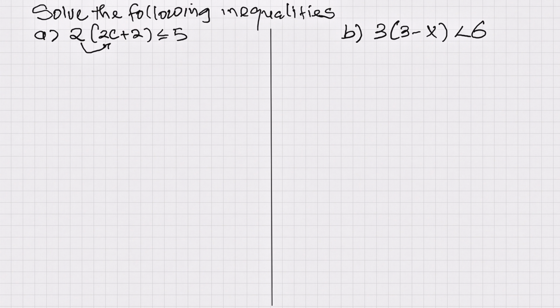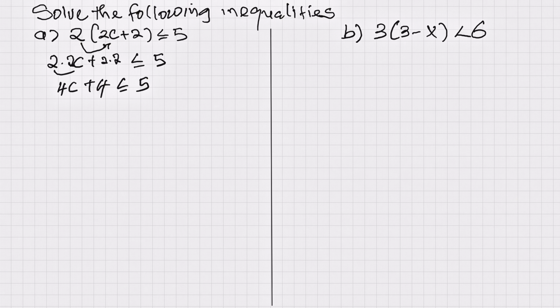So we have 2 times 2c plus 2 times 2 is less than or equal to 5. So 2 times 2c is 4c, plus 4 is less than or equal to 5.